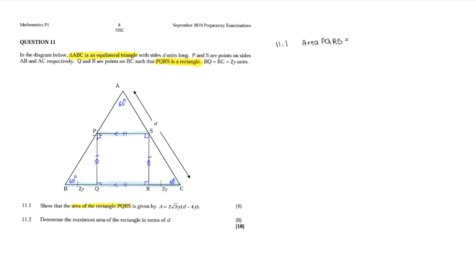So it's going to be given by PS times SR. But we can see that PS is equal to QR, so let's substitute that with QR, times SR. I'm going to write the reason here: since PS is equal to QR, opposite sides of rectangle.